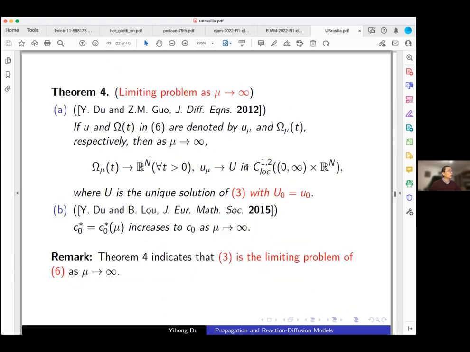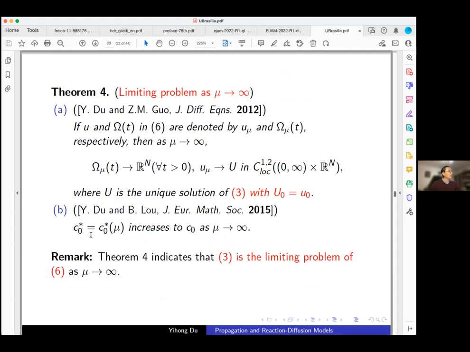Now, what's the relationship between the new model and the classical one? The new model is 6 with the free boundary condition, and the classical one is 3. So in this paper with Guo, we proved that as mu goes to infinity, the solution of the new model converges to the solution of the classical model, if you have the same initial function.